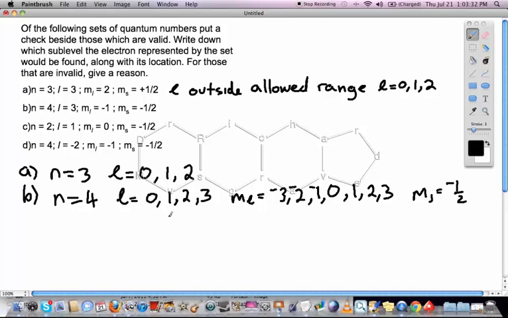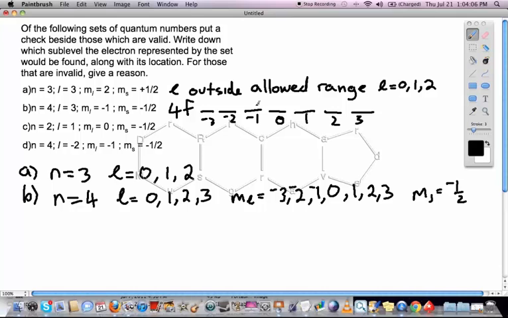The location would be, well, let's see, n equals 4, L equals 3, and the code for 3 is going to be F. And if we have F, we've got a total of 7 possibilities, 7 orbitals, and we're looking at negative 3, negative 2, negative 1, 0, 1, 2, and 3.